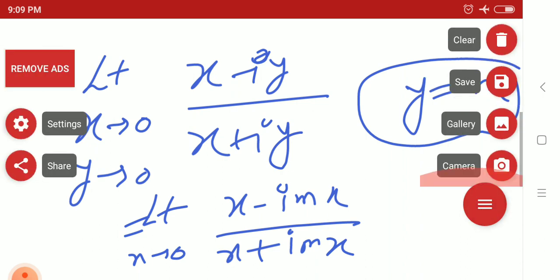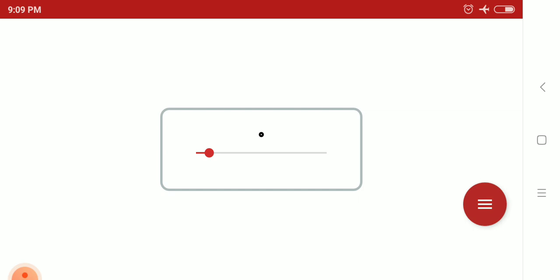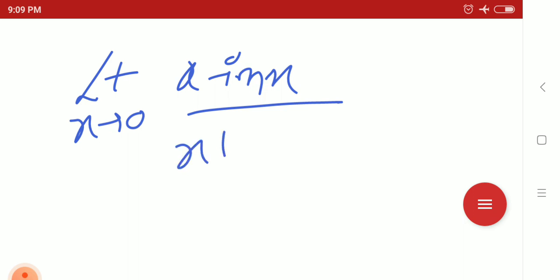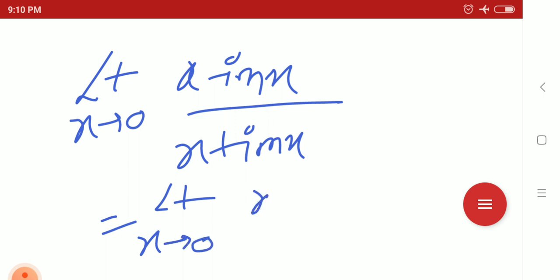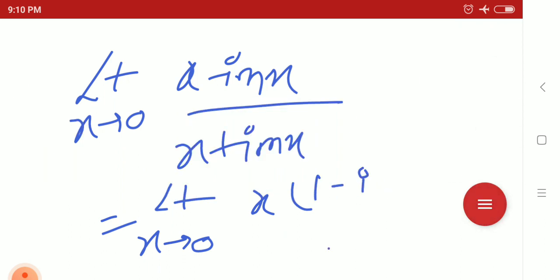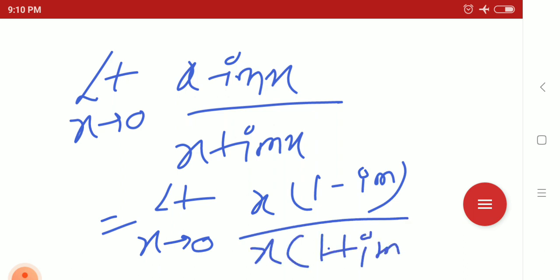So you can write the limit as x tends to 0 of x minus iota mx divided by x plus iota mx. Taking x common, we get x(1 minus iota m) divided by x(1 plus iota m).